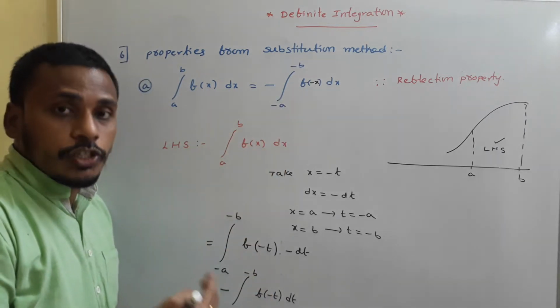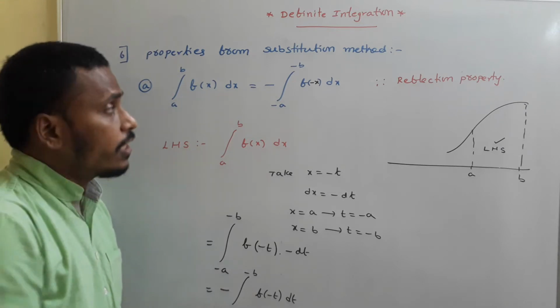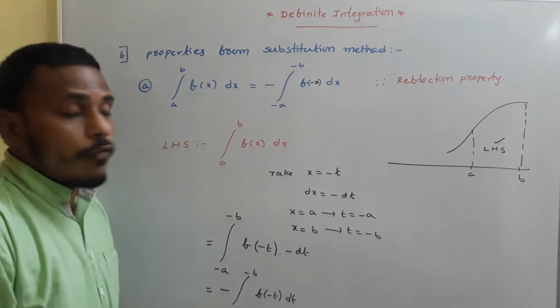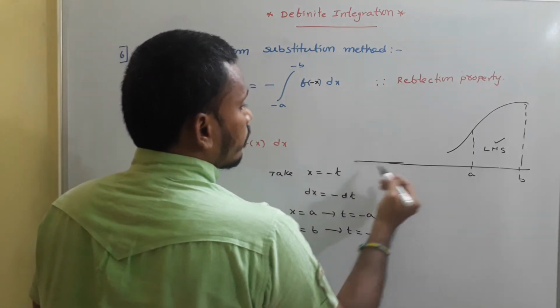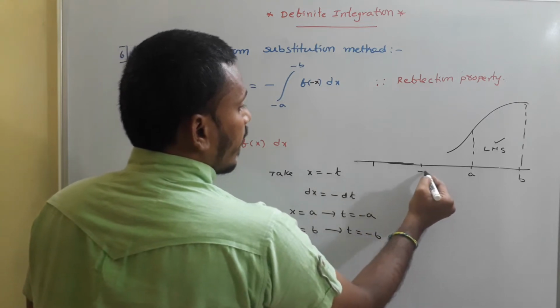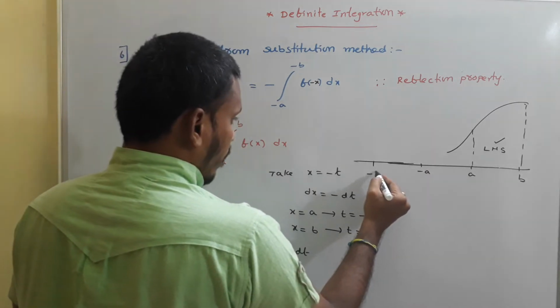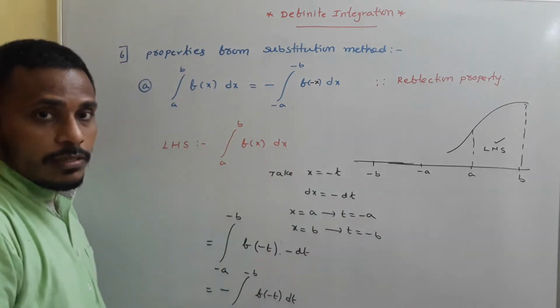How will the graph change? If you replace x with minus x, how will the graph change? And minus a to minus b f of minus x dx, in the sense, okay, so somewhere we will get minus a here, minus b here, and then f of minus x dx.